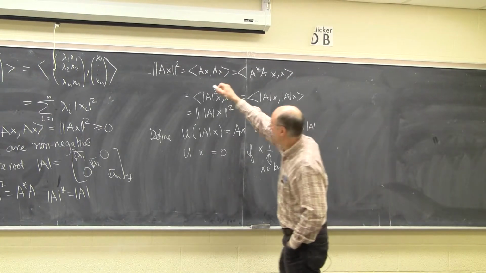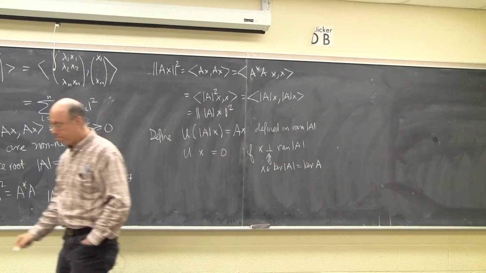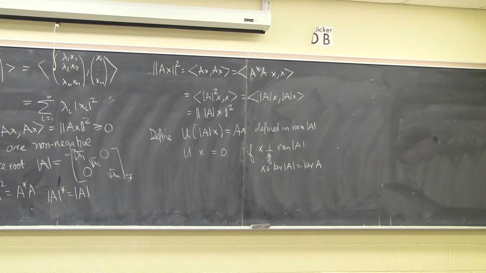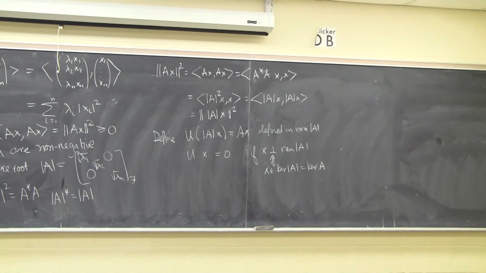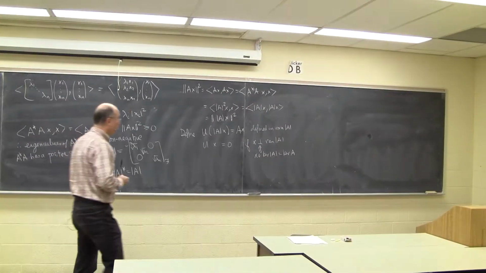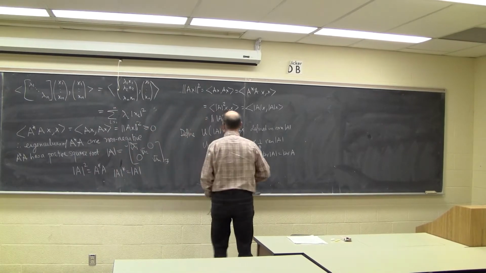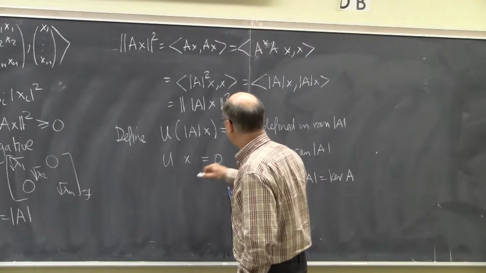They have the same kernel because of this formula, but since absolute A is self-adjoint, the kernel is orthogonal to its range. Okay? So U is what's called a partial isometry.